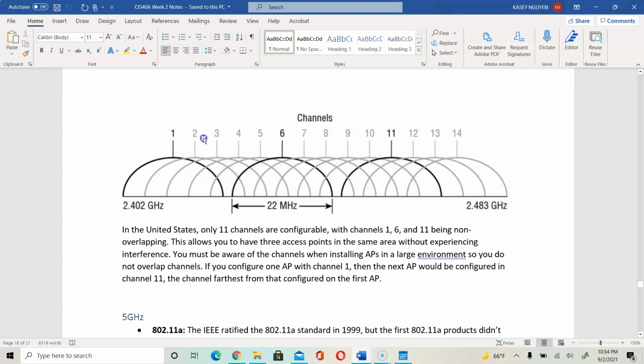The other channels, 2, 3, 4, 5, 7, 8, 9, 10, 12, 13, 14, on the 2.4 gigahertz frequency can be overlapping. So if we don't want them to be overlapping, then we want to configure them as different channels: 1, 6, or 11.